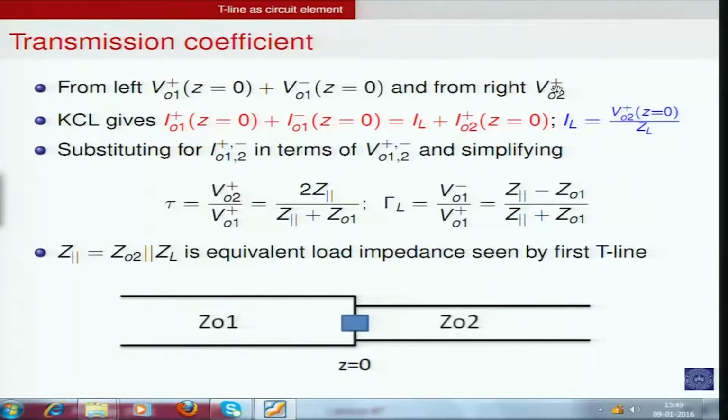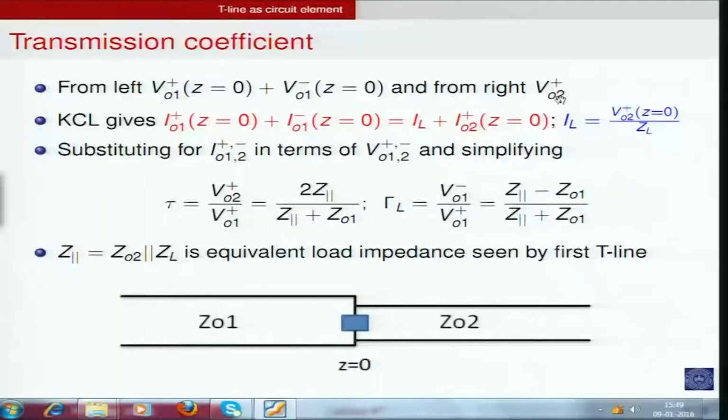What happened to V02 minus? Well, the transmission line is continuing towards infinity, therefore there is no possibility of having a reflected voltage on the second line. Okay, so therefore the right side voltage is just V02 plus. So V01 plus plus V01 minus must be equal to V02 plus.